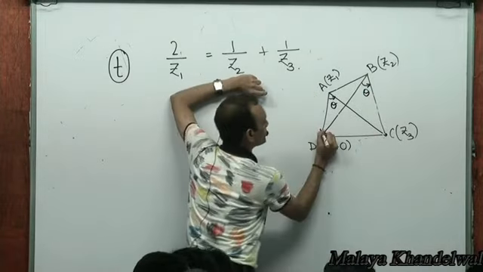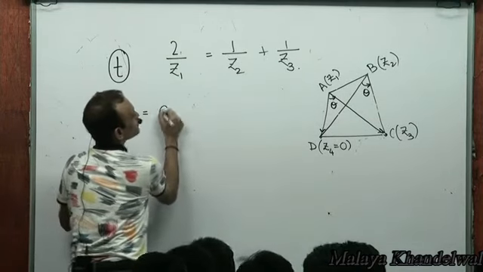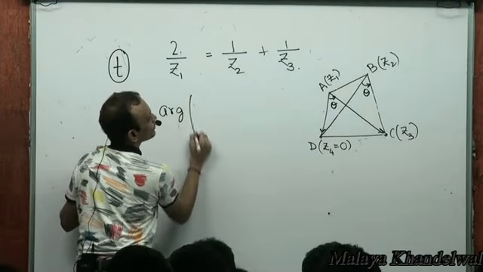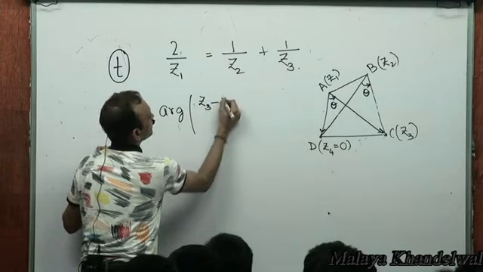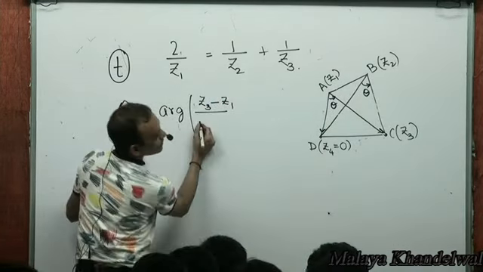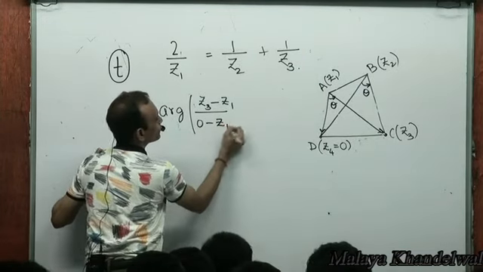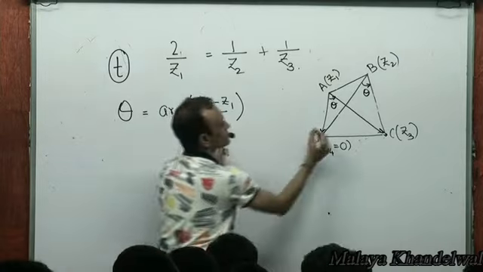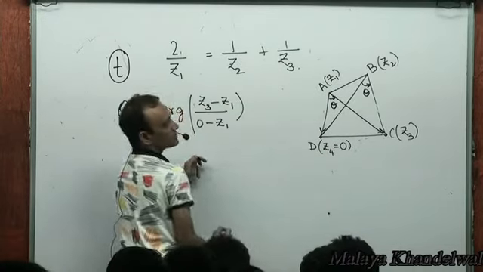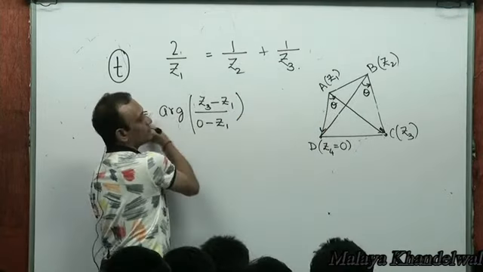Now if you recall, to obtain this angle theta, that must be the argument of (Z3 minus Z1) divided by (0 minus Z1). Yes or no? Right? The amount by which you must rotate 0 minus Z1 so that it coincides with Z3 minus Z1 must be theta.